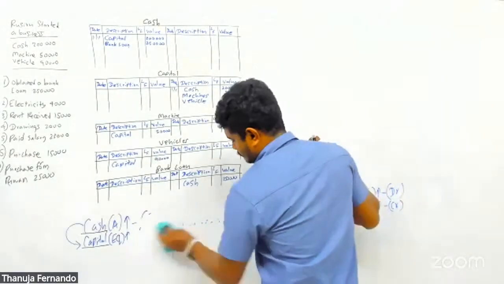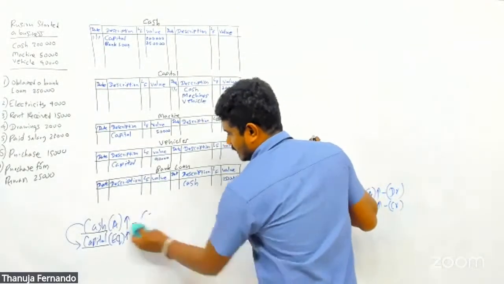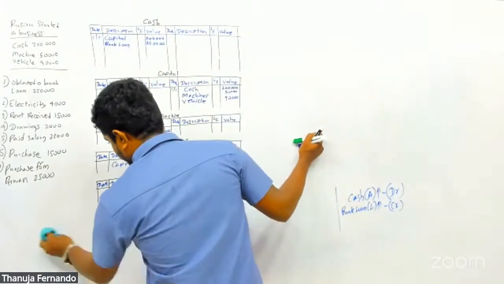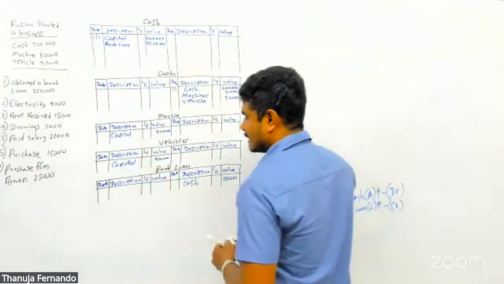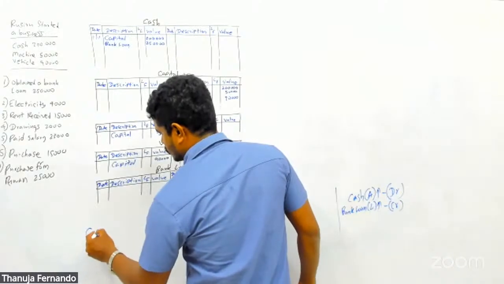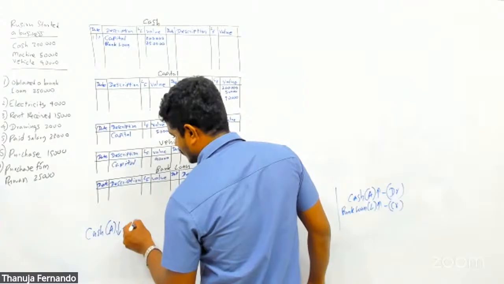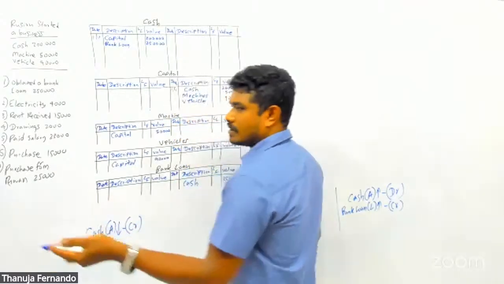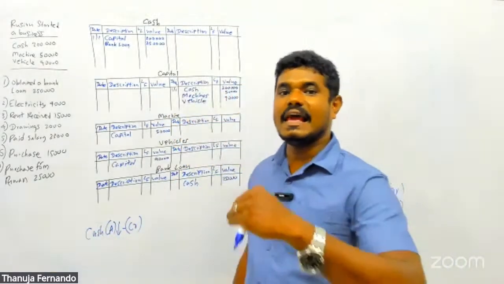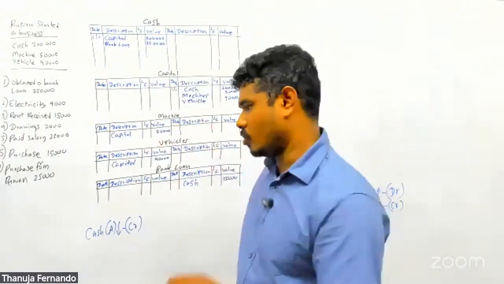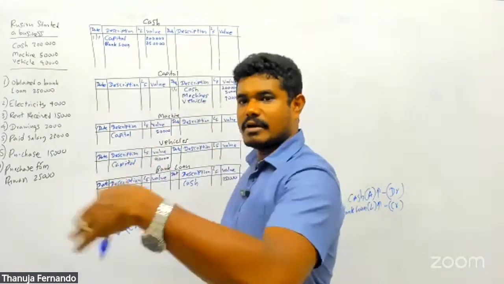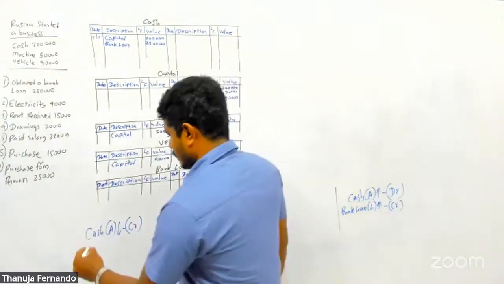Electricity 4,000, right? When we pay electricity, cash in the business decreasing. Cash is an asset, cash as a decreasing credit. Then on the other hand, the electricity increase always, even monthly electricity charges.